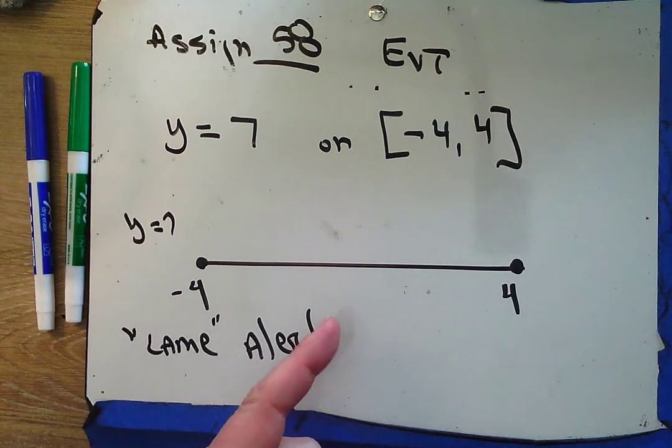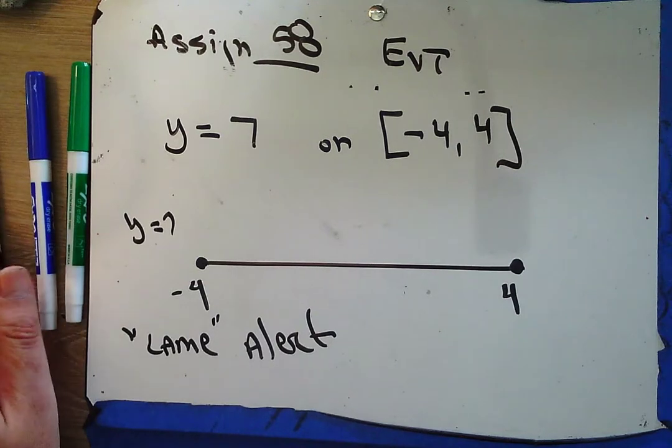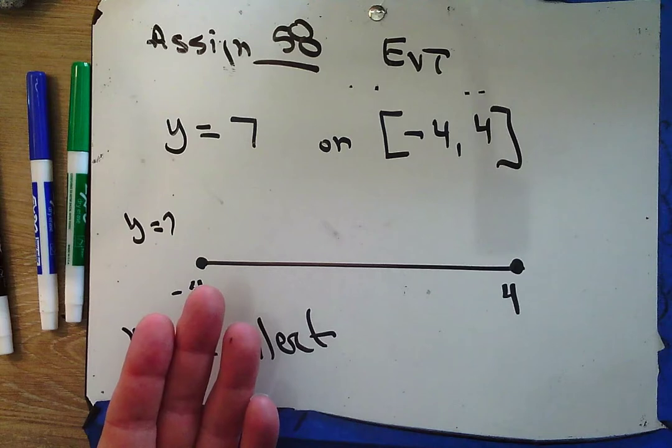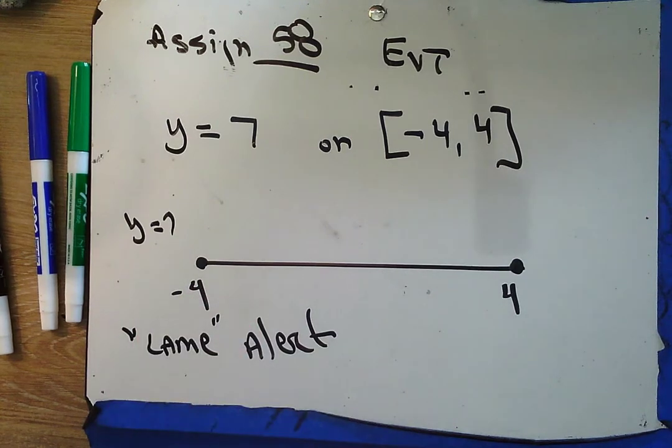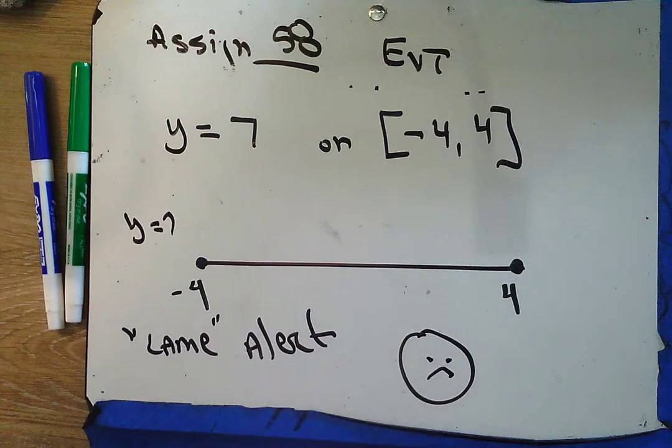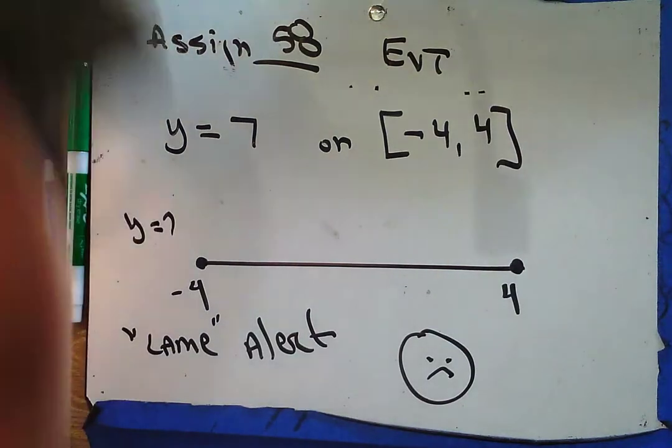When asked about this situation, what does EVT say? EVT says, oh, well, yes, it's clear and it's obvious. There are an infinite number of minimums and maximums. I don't find that very, very nice.